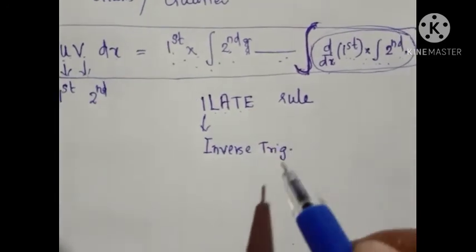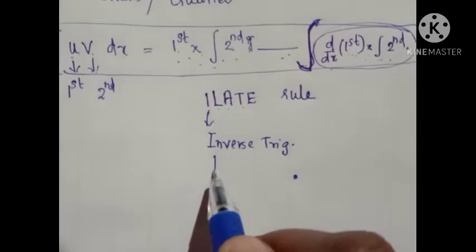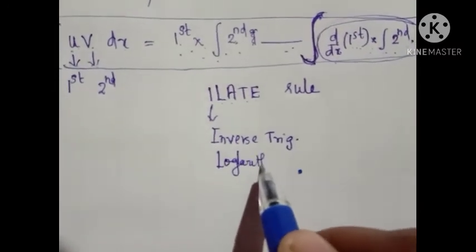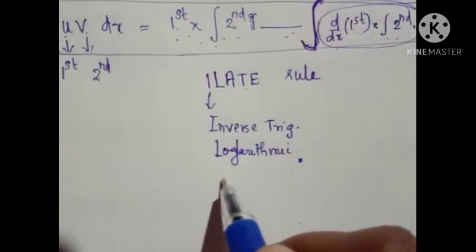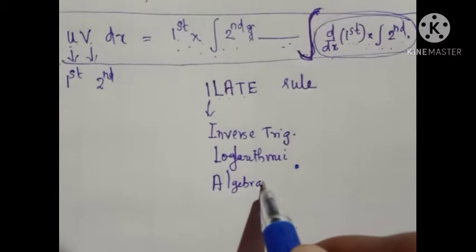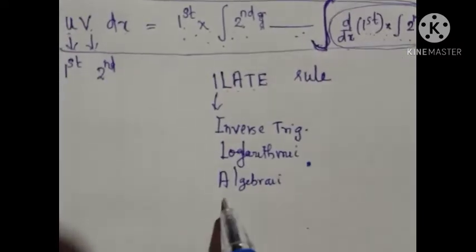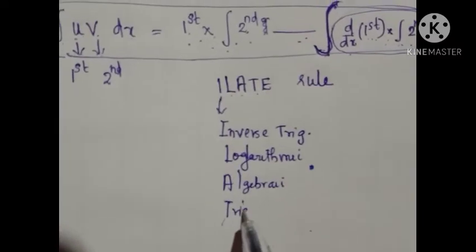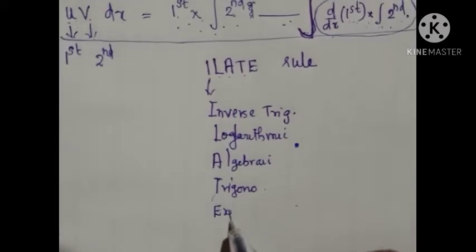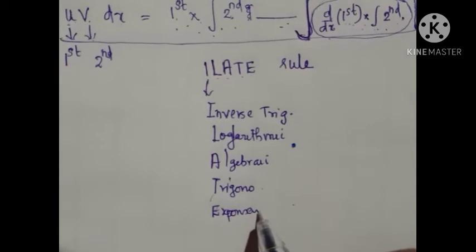L stands for logarithmic functions. A stands for algebraic functions. T stands for trigonometric functions. And finally, E stands for exponential functions.